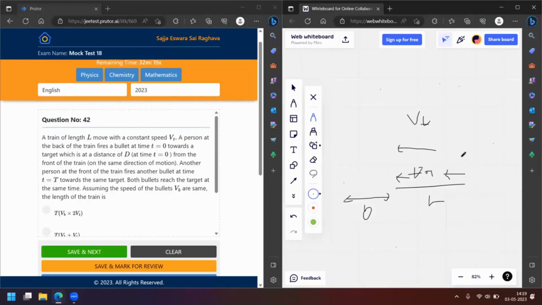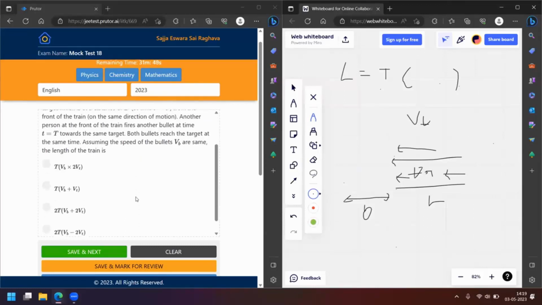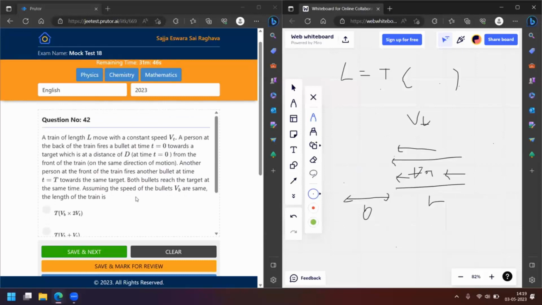So the first bullet is at the front of the train at the time T. So the distance traveled by the train is equal to L. This is equal to time into speed. Here we have to carefully see the speed of the bullet with respect to the train.